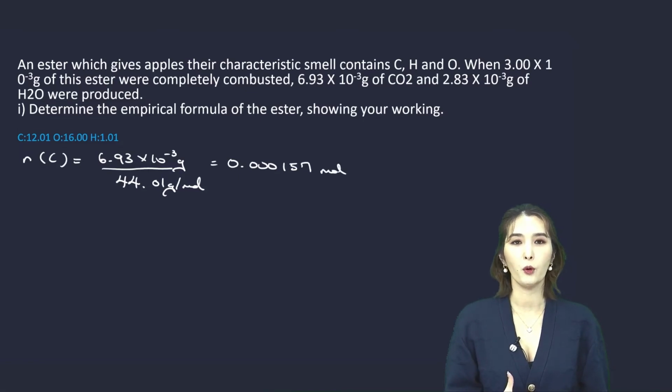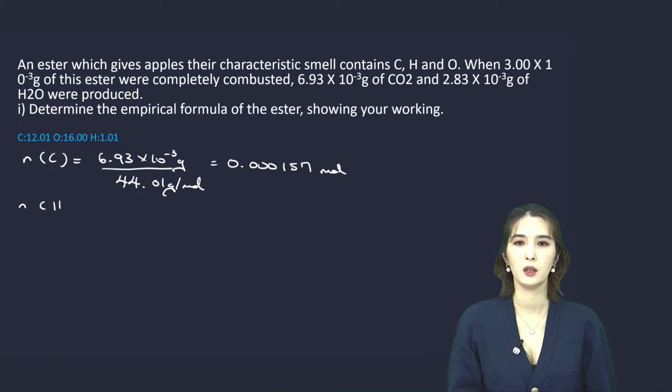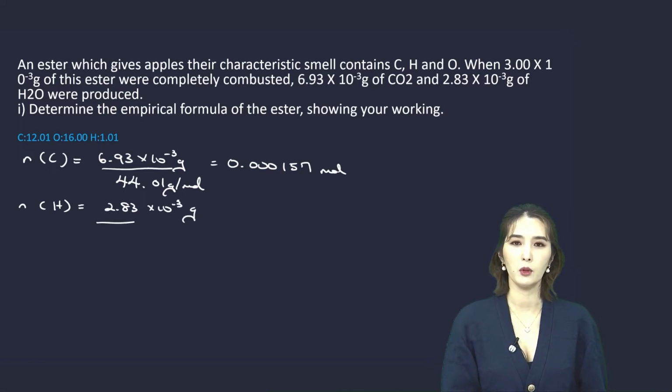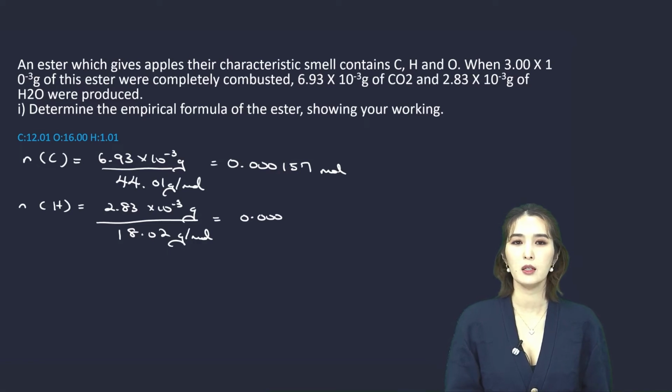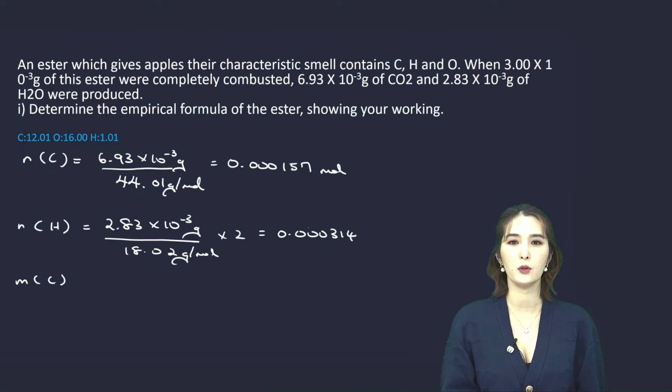Now we find the number of moles of hydrogen the same way. And so we're going to divide the mass given to us, 2.83 times 10 to the power minus 3 grams of water, by the molar mass of water, which is 18.02. Now remember, we need to multiply this by 2.